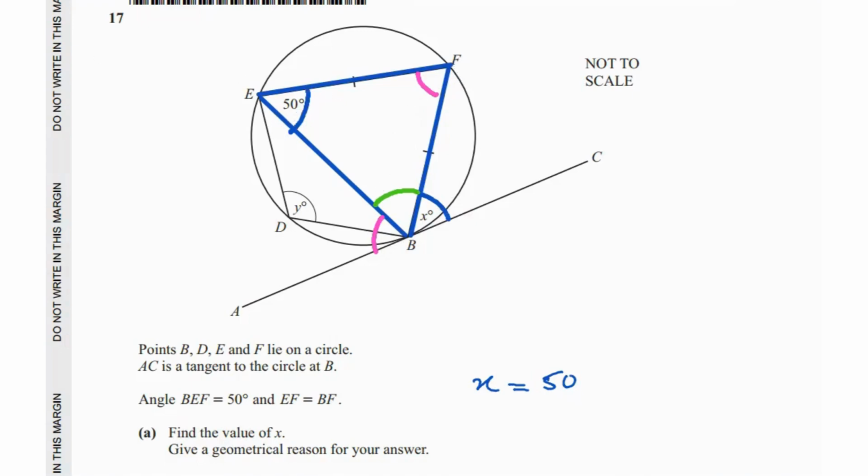So your reason is going to be alternate segment theorem. Remember, when there's a triangle inscribed inside a circle and all three vertices are touching the circumference, you can use the alternate segment theorem to figure out the missing angles of the triangle.